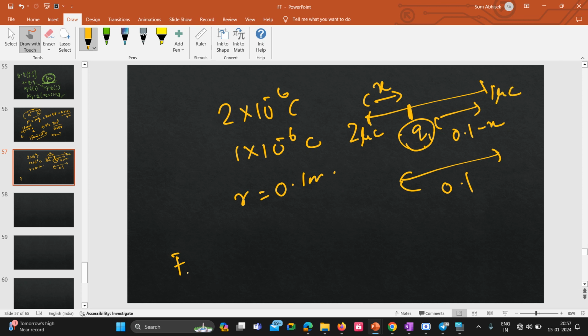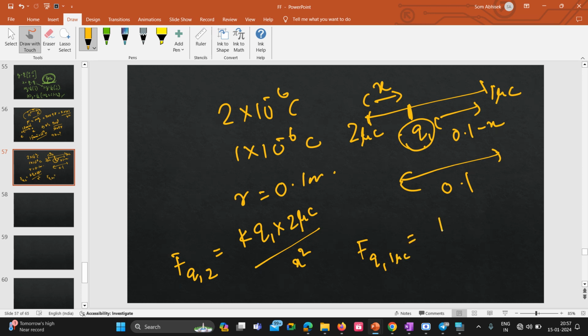Force on Q1 because of 2 microcoulomb is K Q1 into 2 microcoulomb divided by x square. Force on Q1 because of 1 microcoulomb is K Q1 into 1 microcoulomb divided by 0.1 minus x whole square. Isn't it? Yeah.